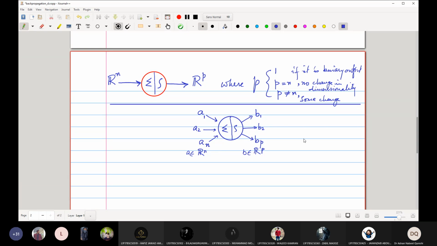The same thing. The point is that when one of these is changed, if I change A2, keep one thing in mind, that from B1 to BP, all B1 till BP will get affected.